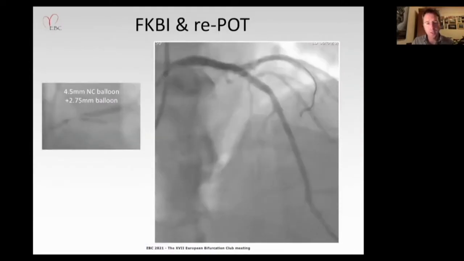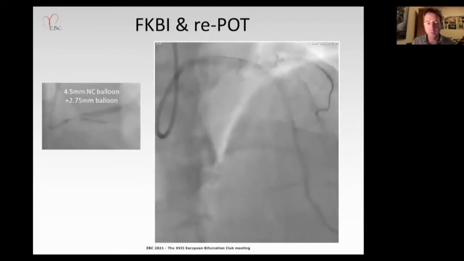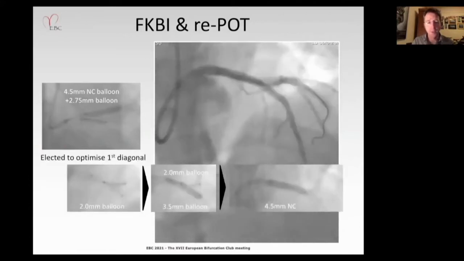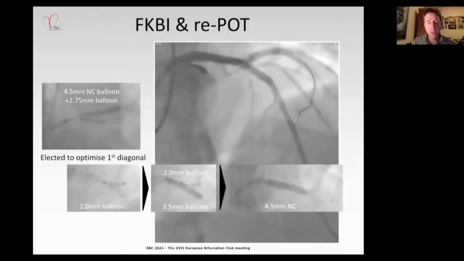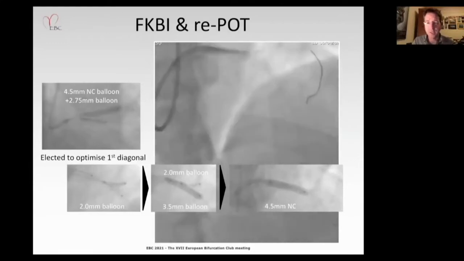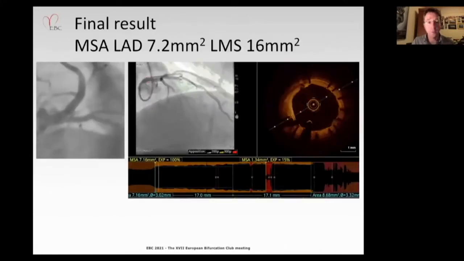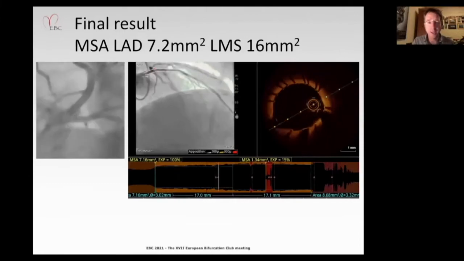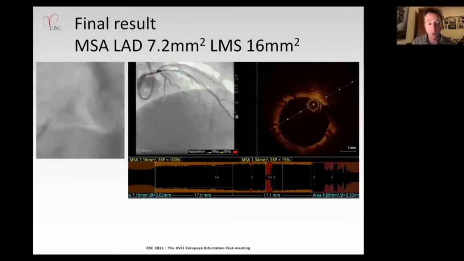But ultimately, accepting the passage that I achieved, I undertook a 4.5 by 2.75 kissing inflation to clear the struts across the circumflex, and then, due to pinching of the diagonal branch you can see in that cranial projection, also kissed into the diagonal, again making use of this Tansei technology, which is advantageous in bifurcation. Ultimately I achieved an MSA in the LAD of 7.2mm squared, and in the left main of 16mm squared, that really will offer the patient an excellent long-term outcome.